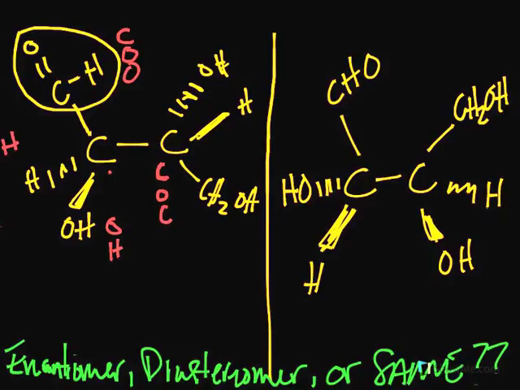Okay, so let's go ahead and assign the priorities. I'm going to do that in a different color. What would be the first priority? Well, you have to look at the first atom. For all of these, you either have a carbon, an oxygen, or a hydrogen. So I'm looking at the first atom right there: carbon, oxygen, or hydrogen.